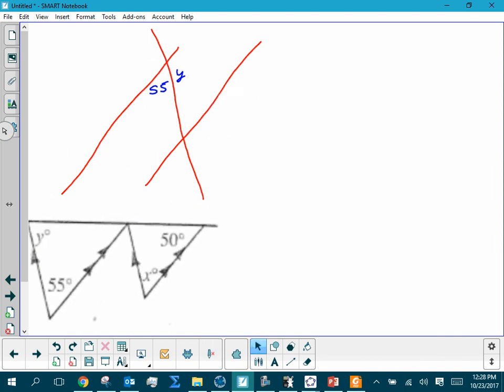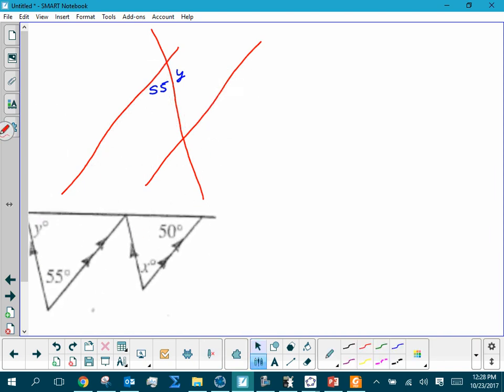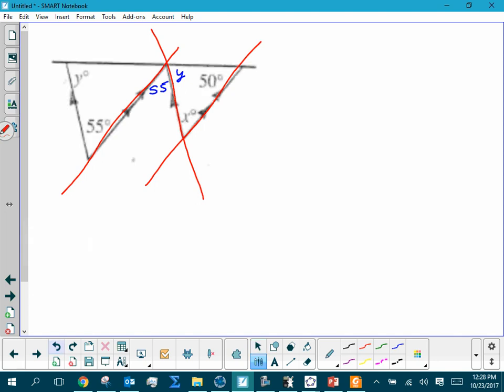If I took this out, I guess the X was right there. What could you tell me about information in that picture that you don't already know? What's X going to be? 55, right? Okay, so I'm going to put it back up there. You make the link. That's alternate interior with that. So we now have an answer for X. X is 55.